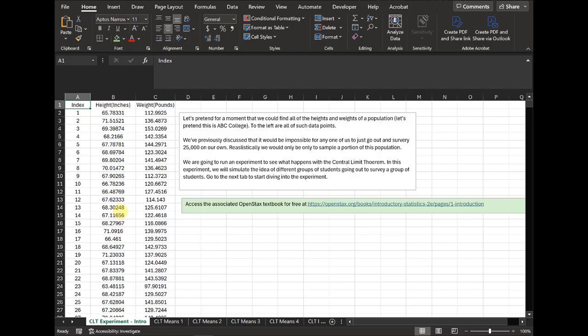The other thing to keep in mind is that in reality, you can't get 25,000 data points, the entire population's data. It's almost always impossible. So in reality, I would probably just get a sample, right?